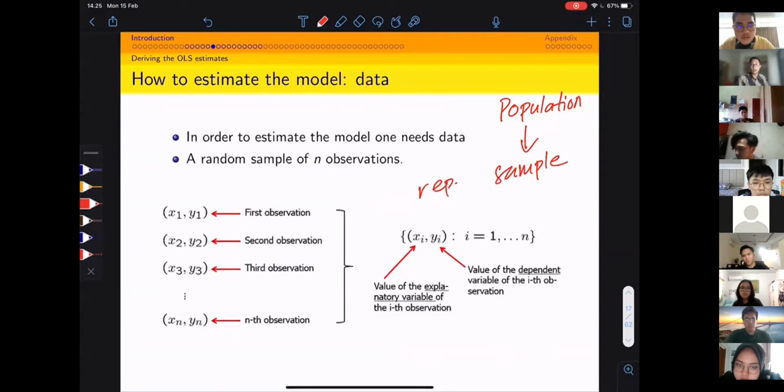as well. Okay, so for this simple linear regression model, what you're going to get is a pair of y and x for each entity. Okay, and so from the first entity, you'll see the value of x and the value of y, then from the second observation or the second entity, and so on until you have all the entities that you care about. So for example, if your entity is an individual, you want to collect the productivity, which is y.